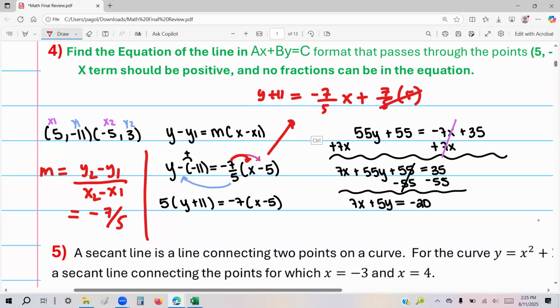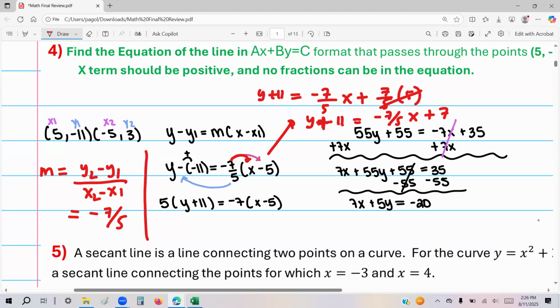You get y plus 11 equals negative 7/5 x plus 7. Either you can distribute fast and then get the denominator here, or multiply both sides by the denominator so that there will be no denominator. So she multiplied both sides by the denominator.